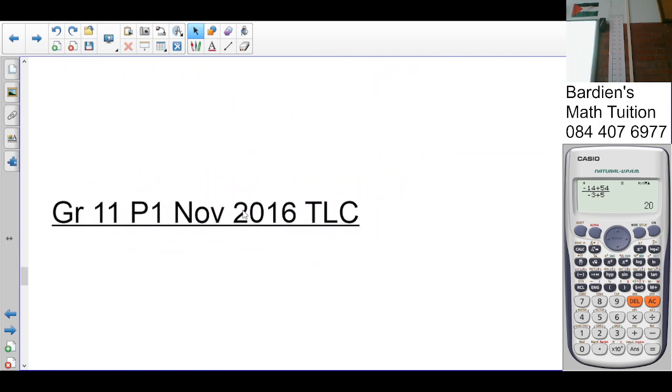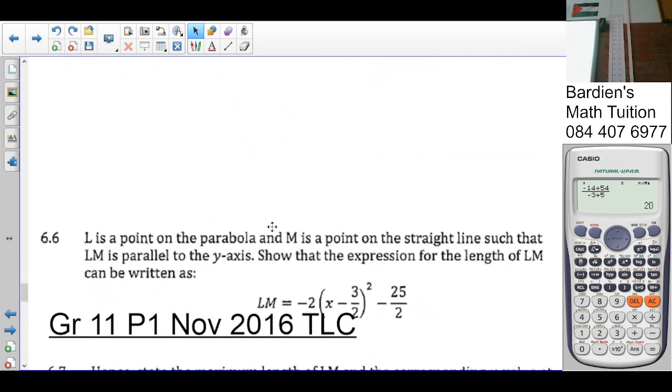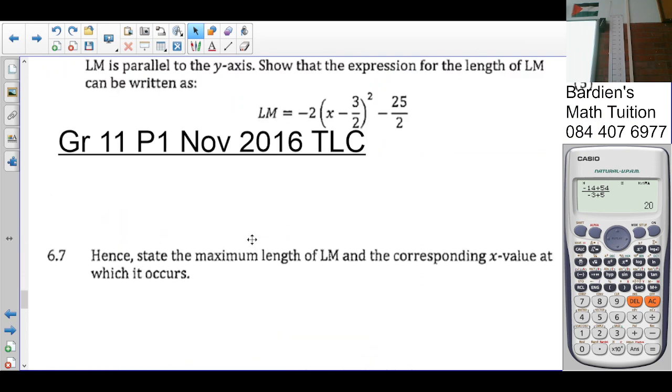Next. 6.5 and 6.6. This is still part of the sum. 6.7.